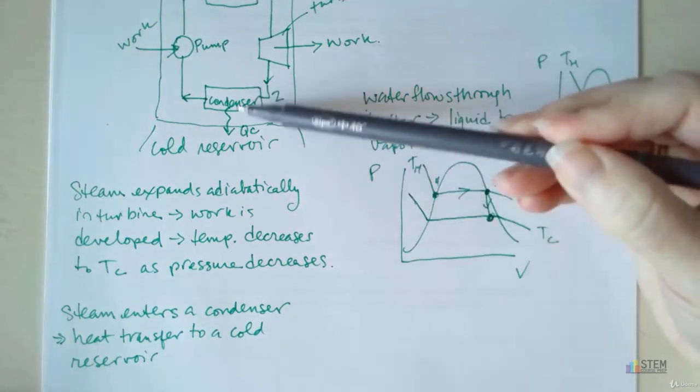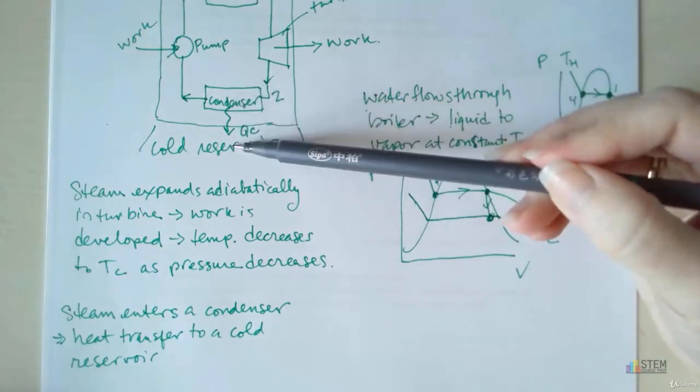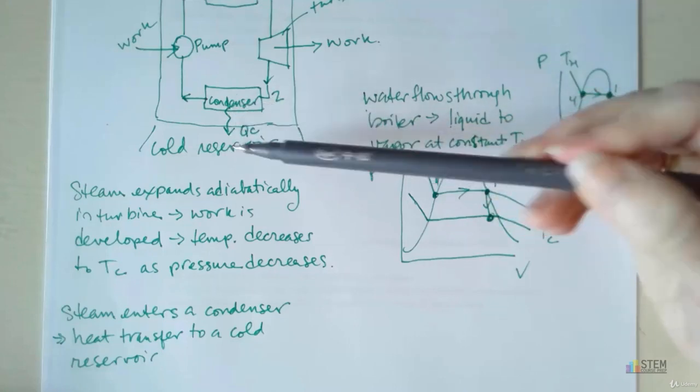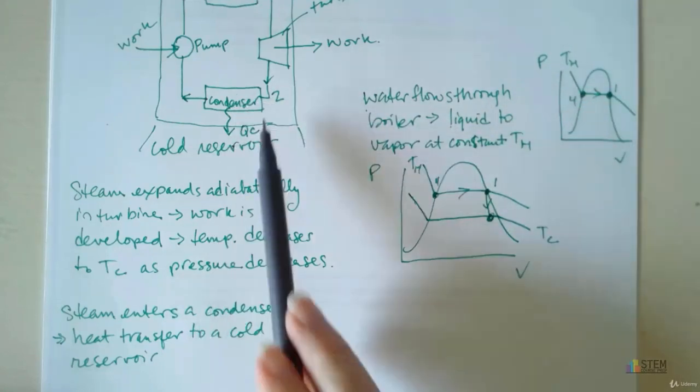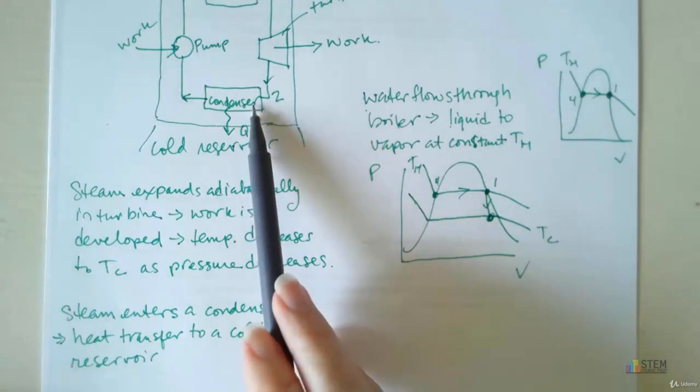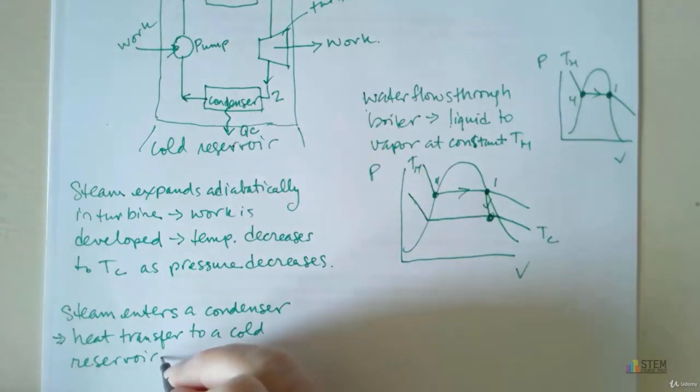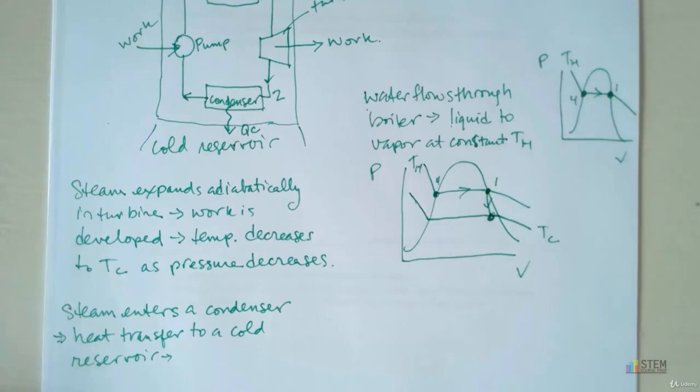So basically we're trying to get rid of energy here. We're going to send it to the cold reservoir. We're going to discharge it. Now as we do that, some of this steam or vapor that we have is going to condense because we're removing that heat energy.